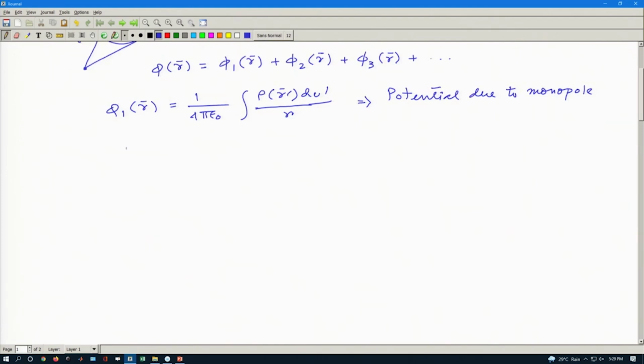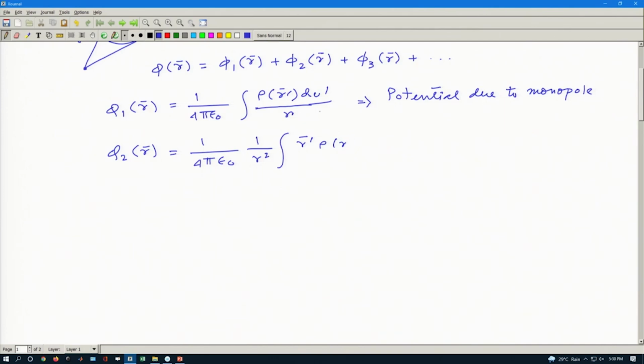Now, similarly, we can write the potential phi 2, the contribution due to the dipole term. Then 1 divided by r square, let us put this r outside, integration, then r, and then rho.